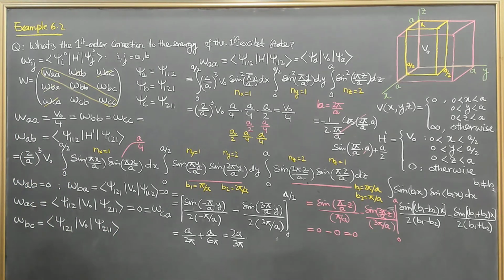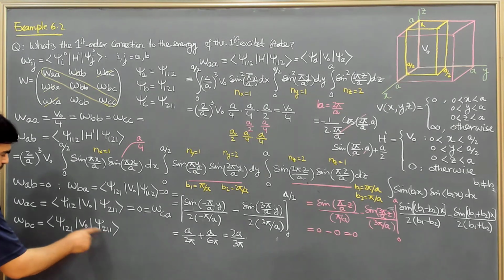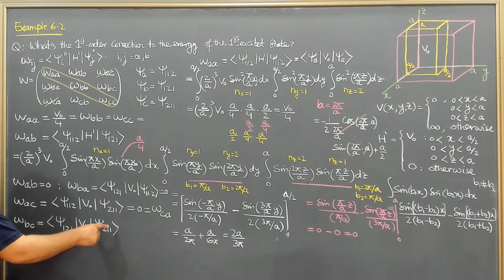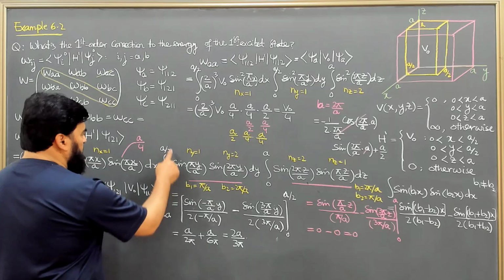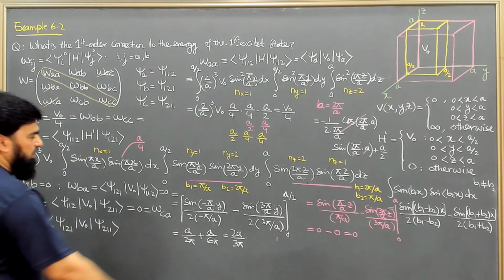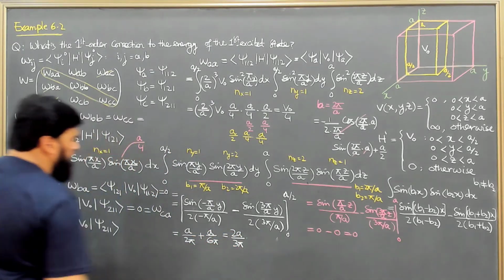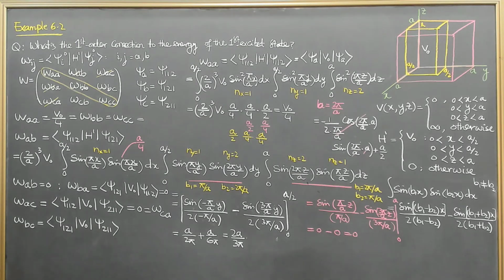Now whether that combination will work for the z-axis, that will not work because it will not give us 0, because here 1 with 2 and 2 with 1, so these are for the x and y from 0 to a, and this will give us 2a over 3 pi in this situation.